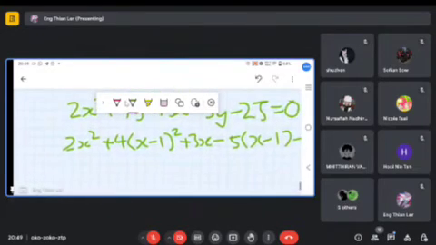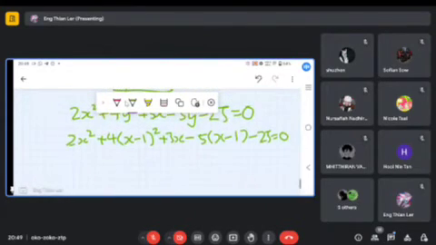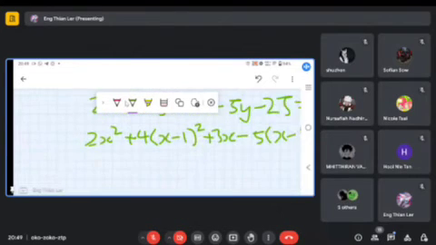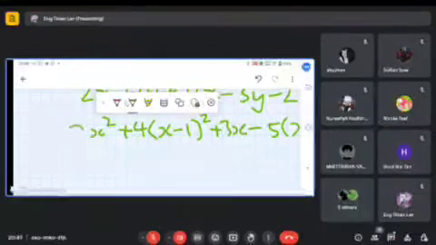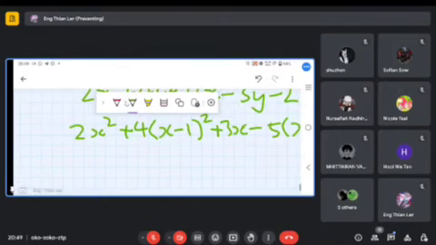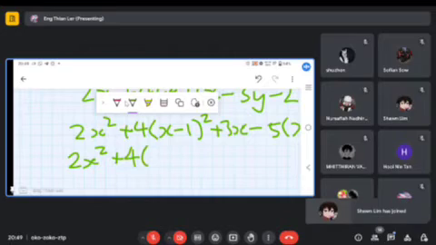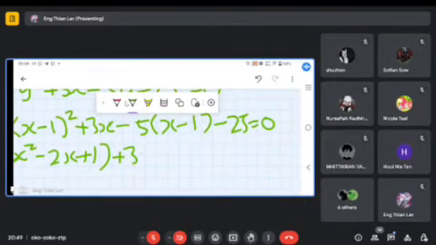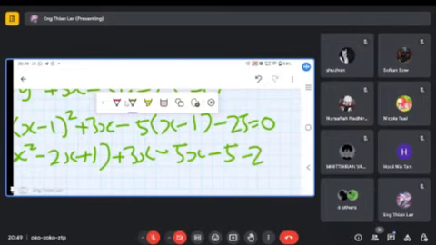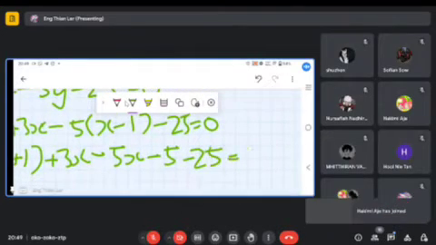This is where all students get messed up, even though they're very good at math. Sometimes they still mess up the positive and negative, like I just did. So 2x squared plus 4, which expands to (x squared minus 2x plus 1), plus 3x minus 5x plus 5 minus 25 equal to 0.